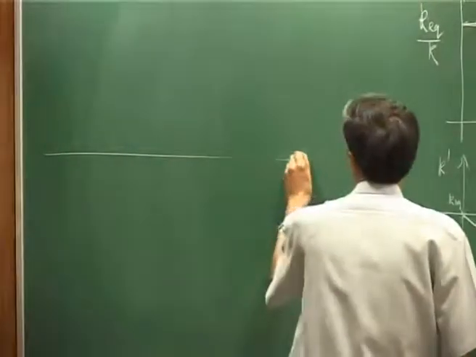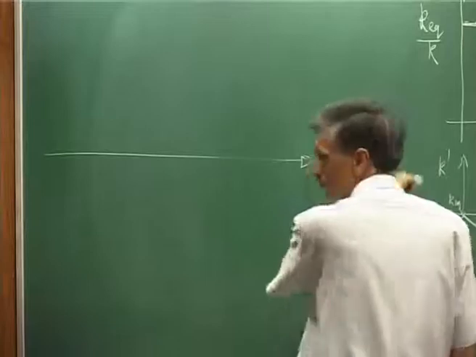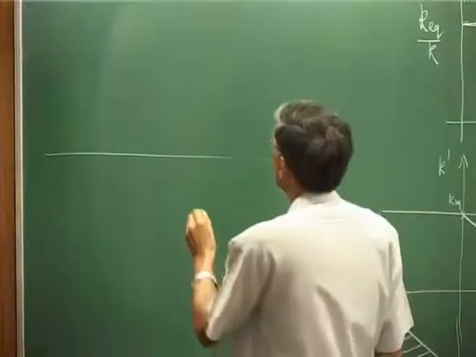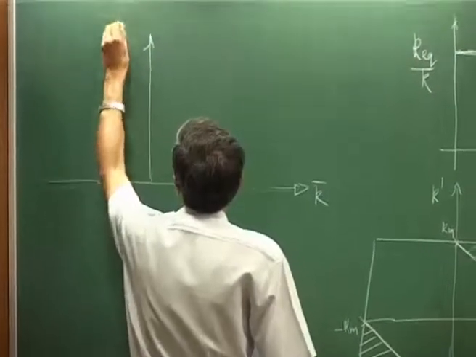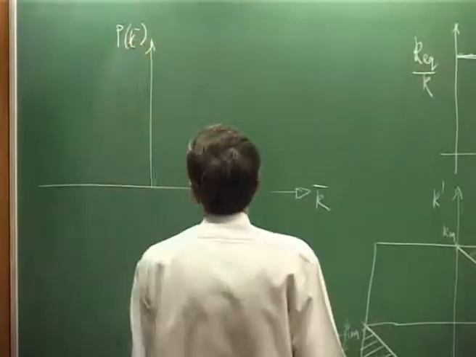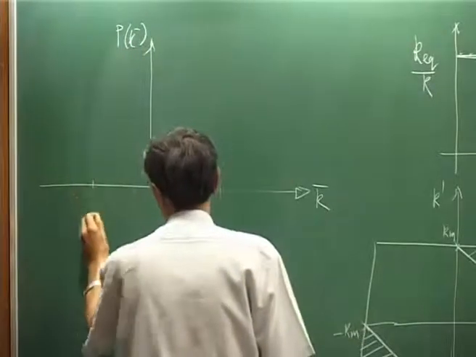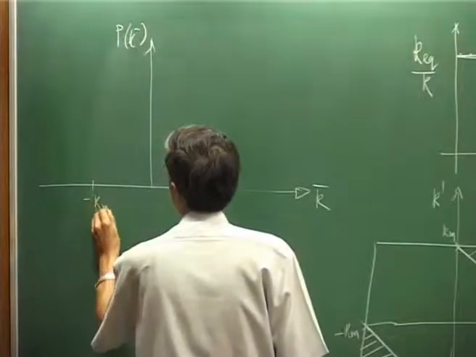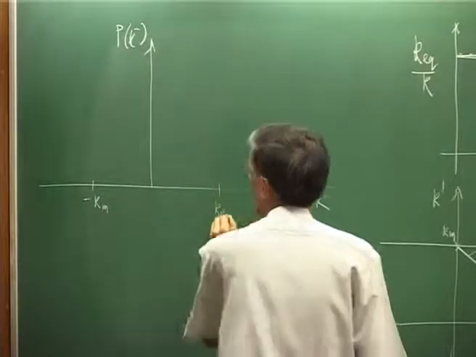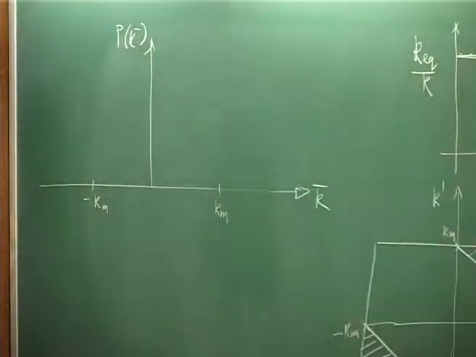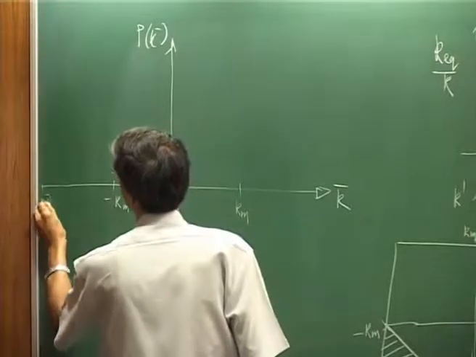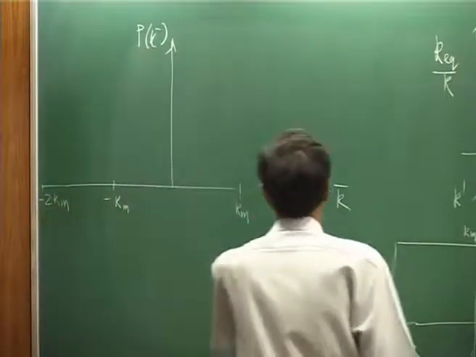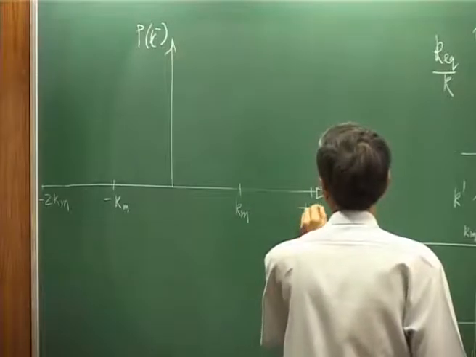Suppose I plot here k bar, and let us say any function that I am plotting, say p of k bar here, and this is going from minus km to plus km. Now, the right hand side tells you that this actually can go all the way up to minus 2 km, and on this side it can go to plus 2 km.